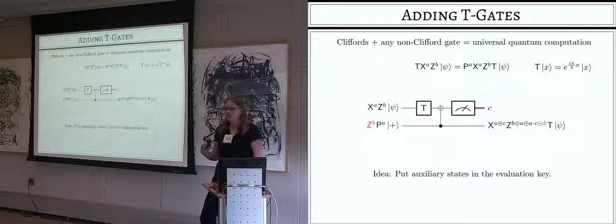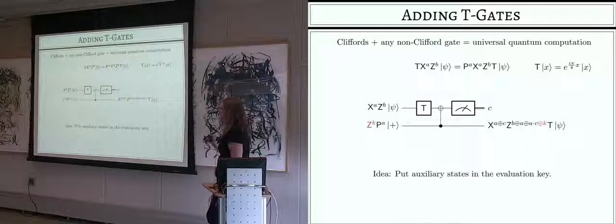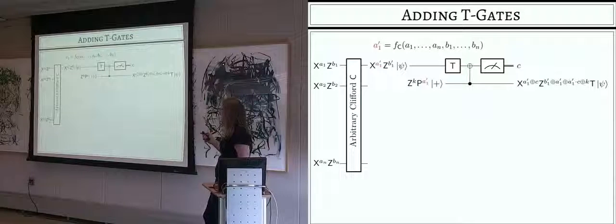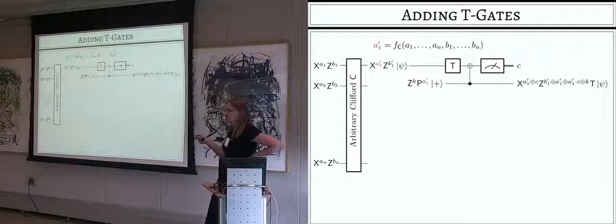Okay, and the reason that this doesn't work as well as we might hope is, consider a circuit in Cliffords plus T. When we go to apply the first T gate, some arbitrary Clifford has already been applied to the data. And that means that at the point just before this T gate, the one-time pad key here, A1 prime, is going to be some arbitrary linear function of the initial keys.